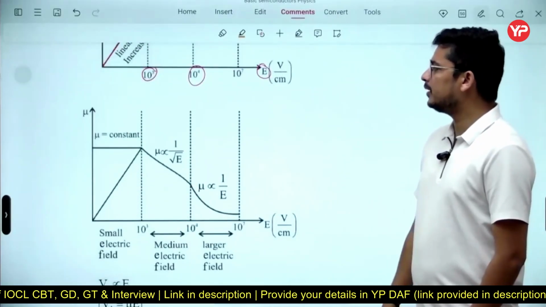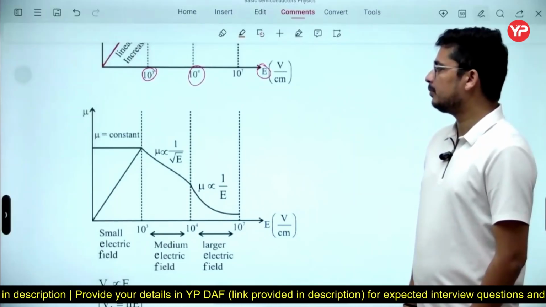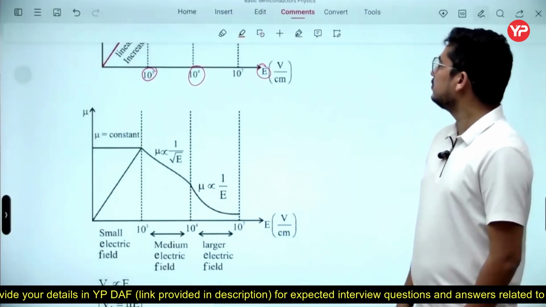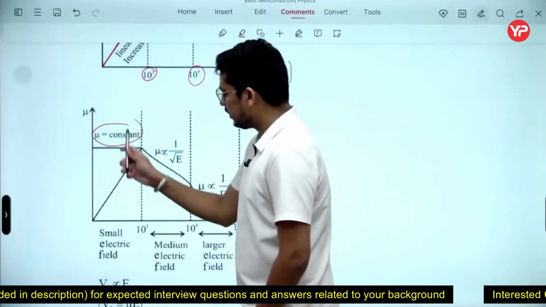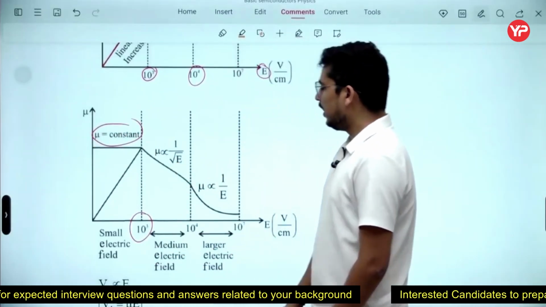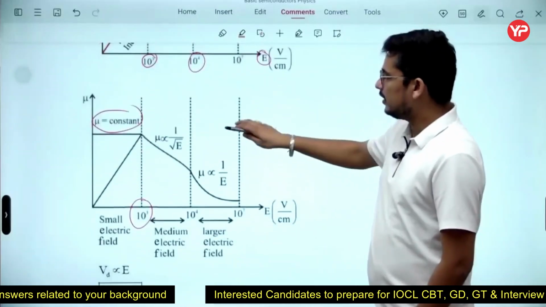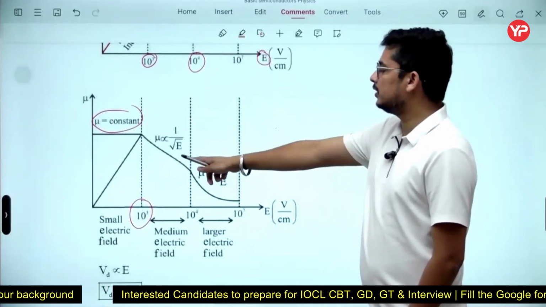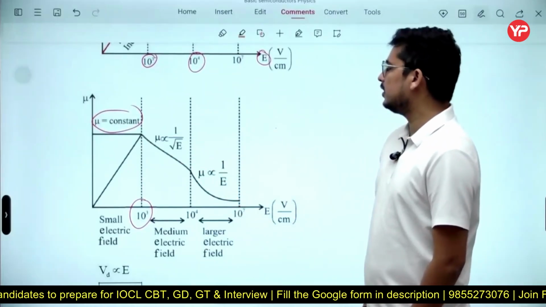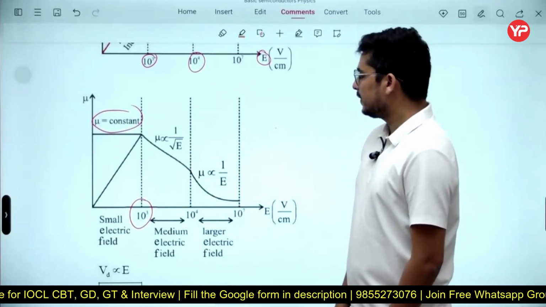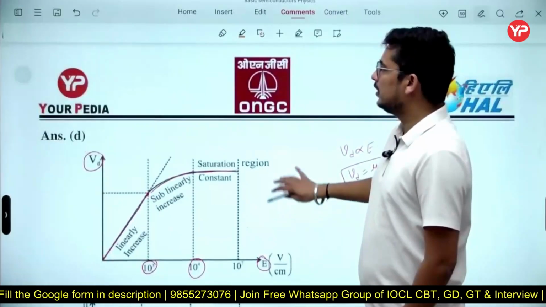The same thing will happen to your mobility. The mobility mu, which is written in that relation, remains constant until 10 raised to power 3. After that, it is sublinear because the mobility is now decreasing, and after that it decreases exponentially.